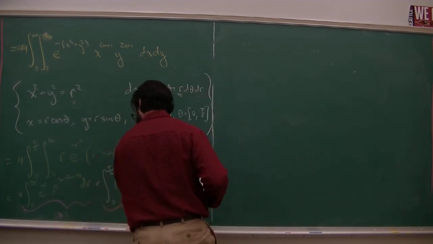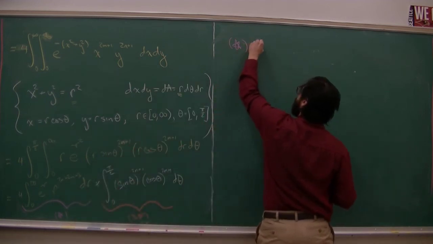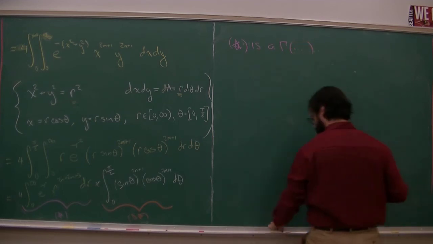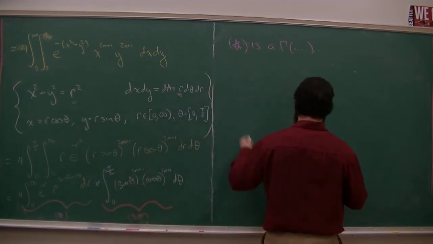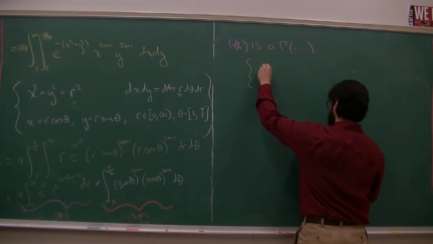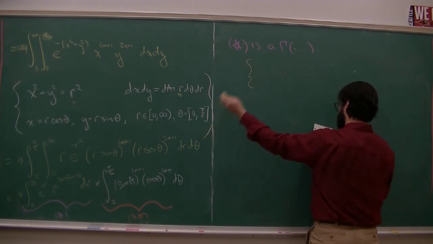So the claim is that star is a gamma function. The thing is, gamma of what? Because that actually looks like a bit of a mess. So we'll change variables again. And we'll change variables to Q. I don't know.